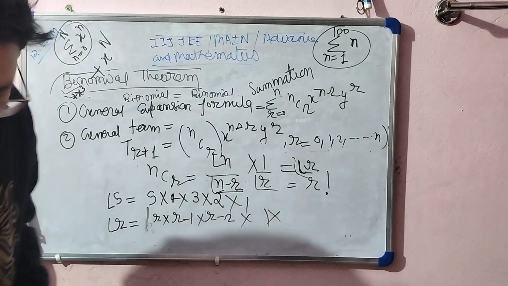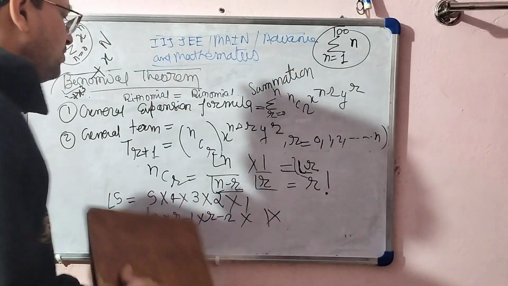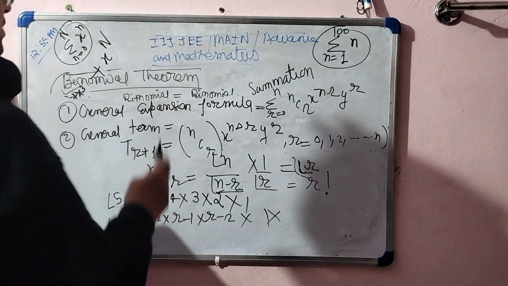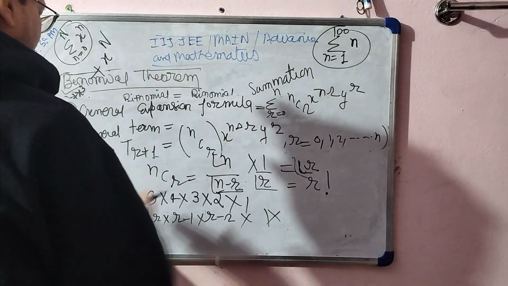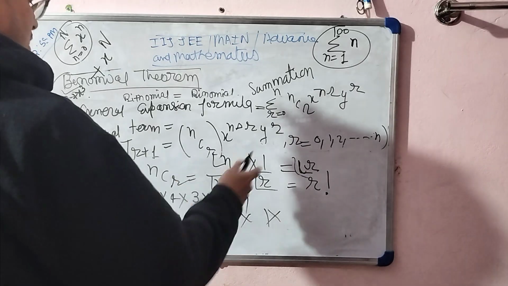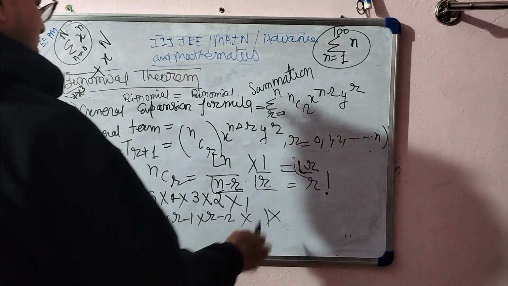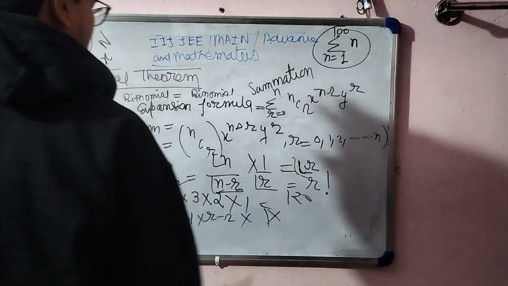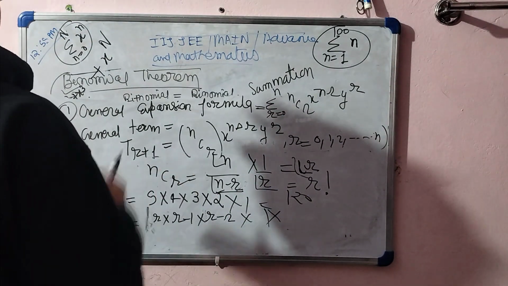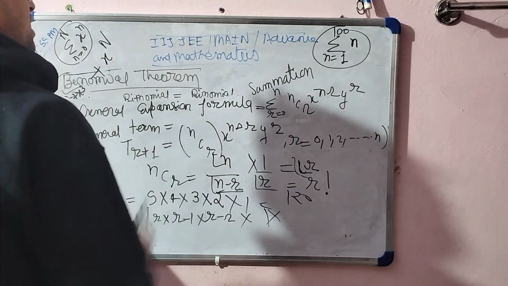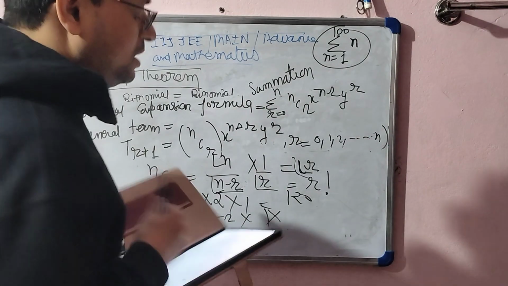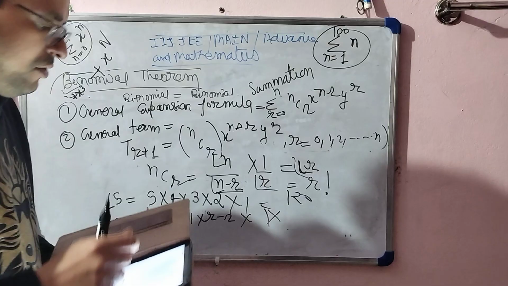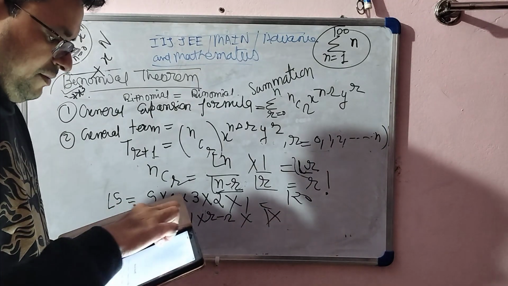Have you understood that point? General term T(r plus 1) equal to nCr x to the power n minus r, y to the power r. Factorial 5 is equal to 120. You have to know factorials like factorial 4 and factorial 5 on your finger points to solve binomial and combination problems.